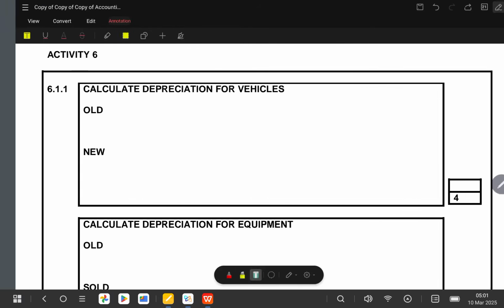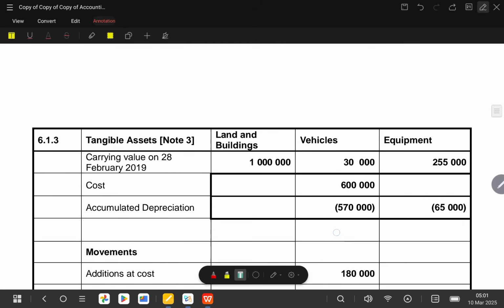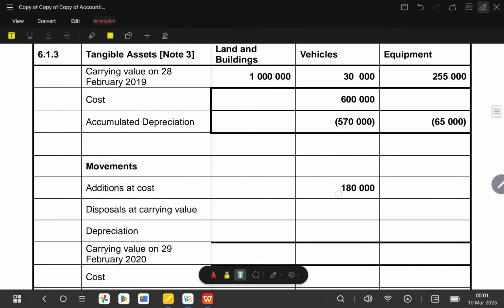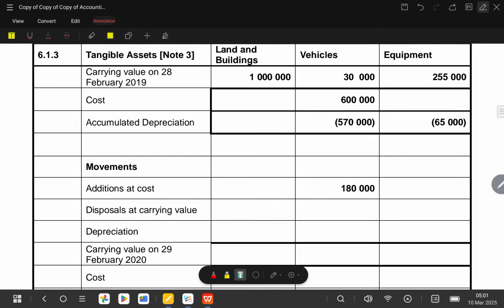Remember, according to this, they showed you that at the beginning of the year, the cost of your land and buildings was 1 million. So your carrying value and the cost will be the same, 1 million. Your accumulated depreciation will be attached, because land and buildings don't depreciate in the curriculum. Under additions, you are going to have that 200,000 for the extension.